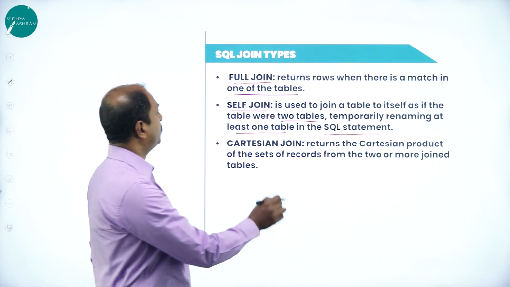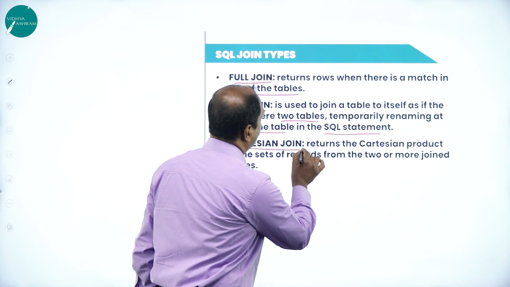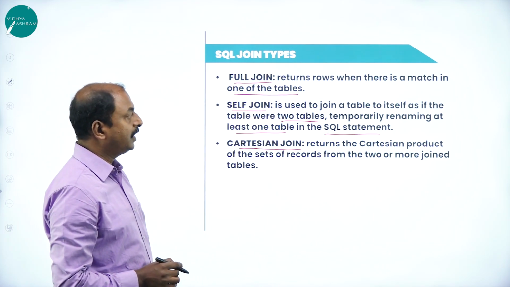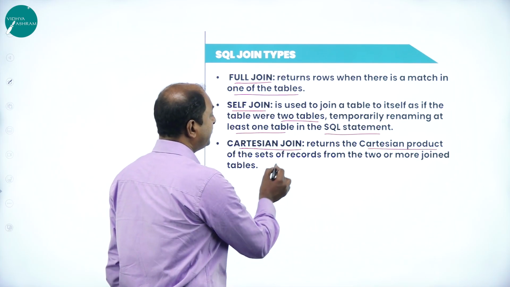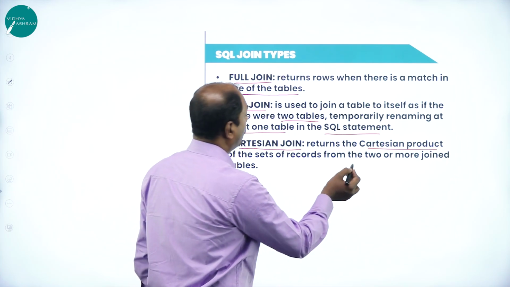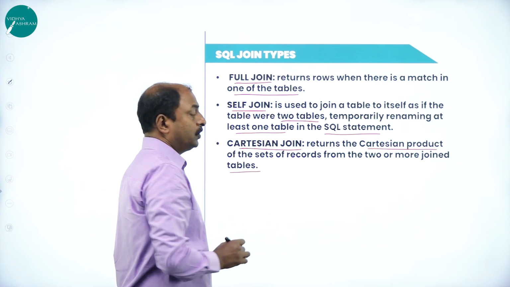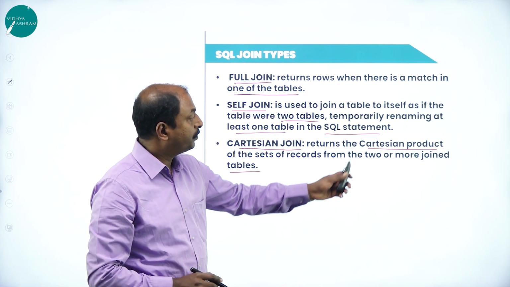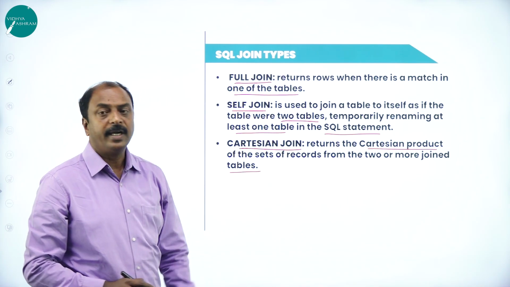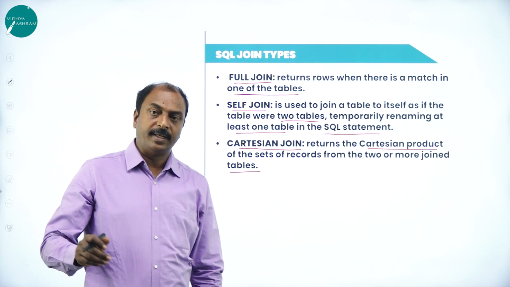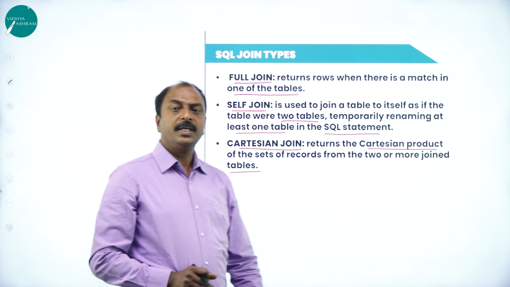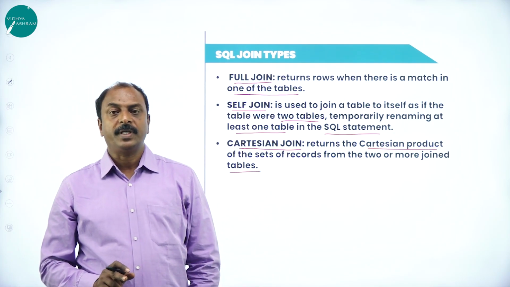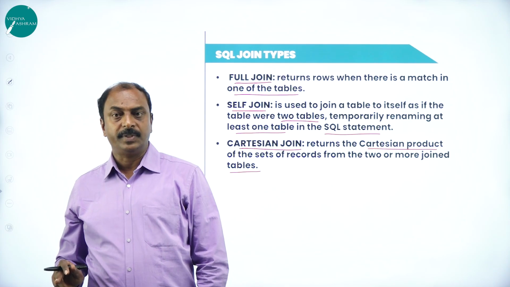Next one is Cartesian join. It returns the Cartesian product of the sets of records from the two or more joined tables. So what is Cartesian product or Cartesian join? If there are two tables, it is going to take one record and match it with all the records of the second table.